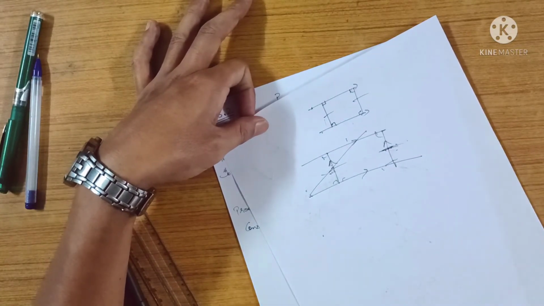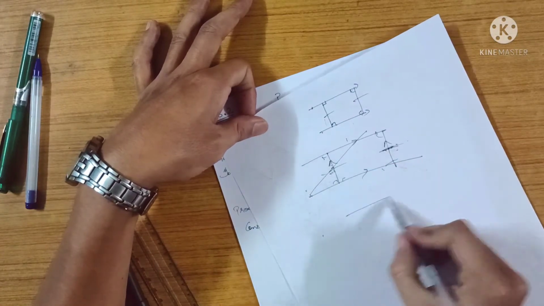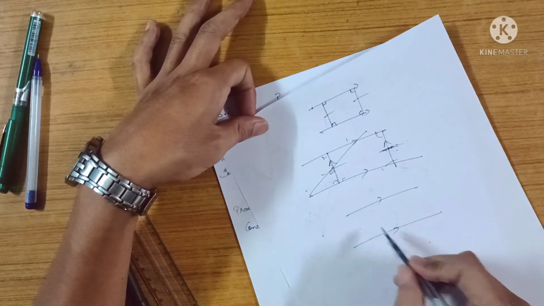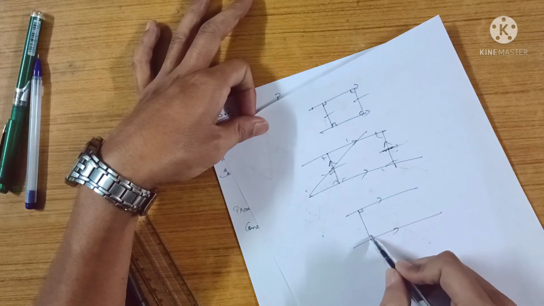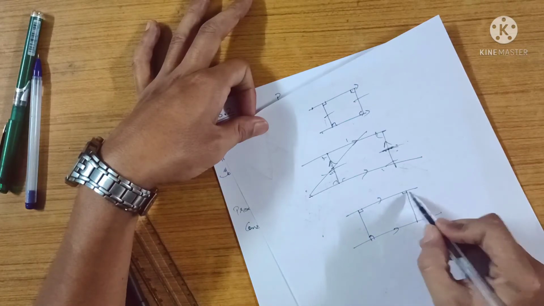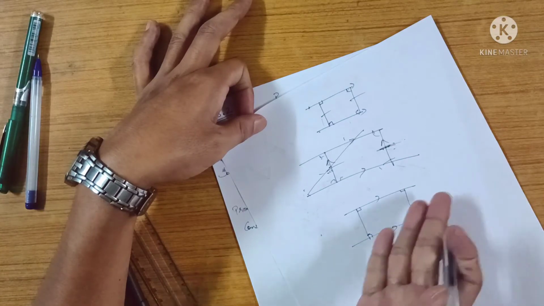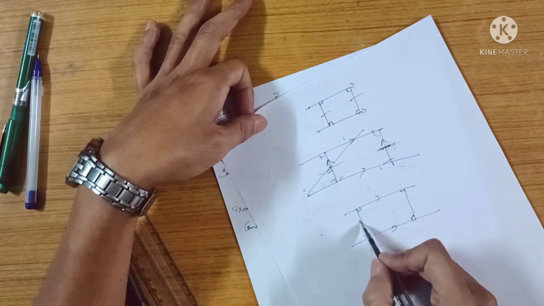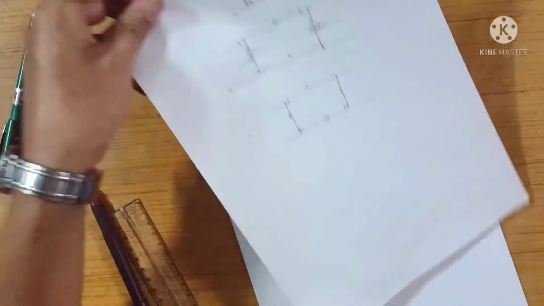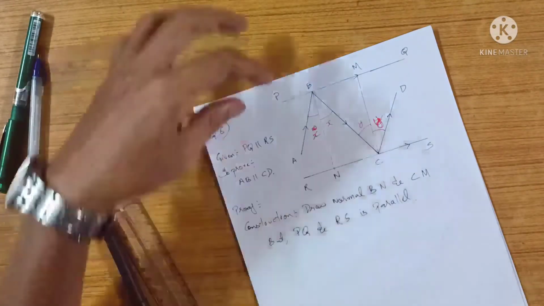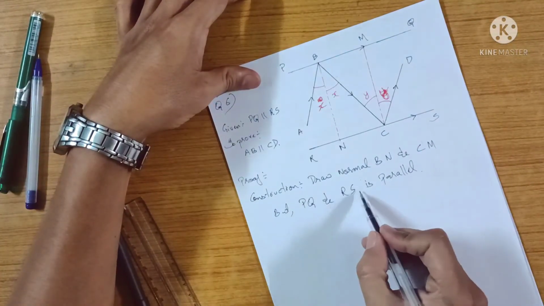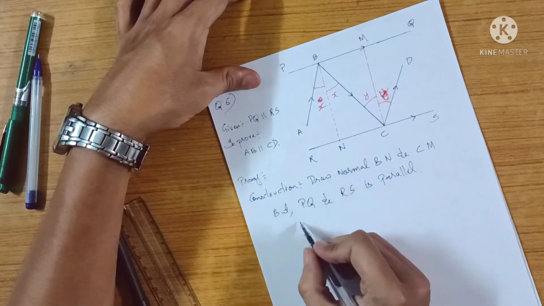Okay, let me repeat that again. Parallel is there, these two is parallel. If I draw a 90-degree one here and a 90-degree one here, it literally becomes a rectangle also. So opposite sides are equal and parallel. Opposite sides are parallel. So but PQ and RS is parallel.